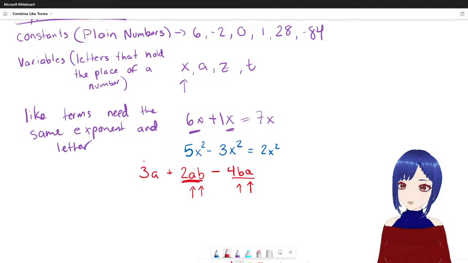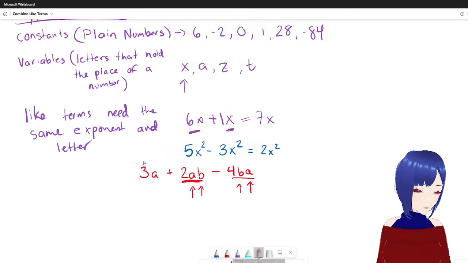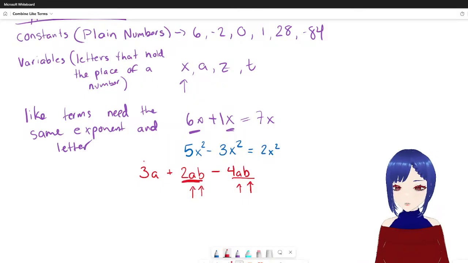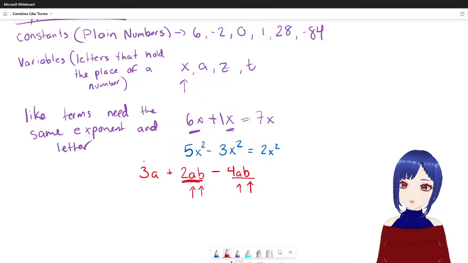And technically, the 2AB stands for 2 times A times B, which means we can move them around because in commutative property, we can rearrange our letters and numbers. Same thing with the 4BA. It stands for 4 times B times A, which means I'm allowed to move them around. So if I wanted to switch the order of the A and the B so that these both say AB, I can do that.